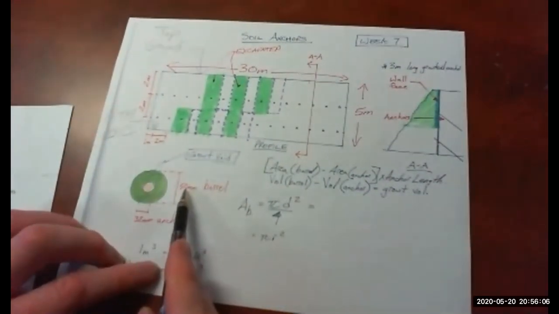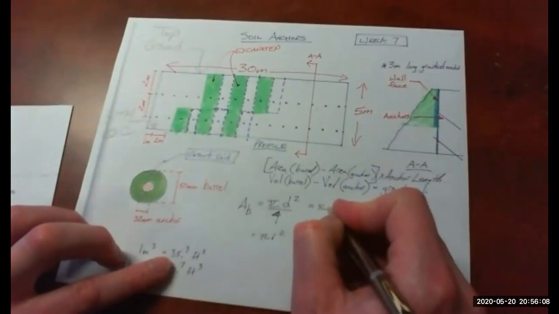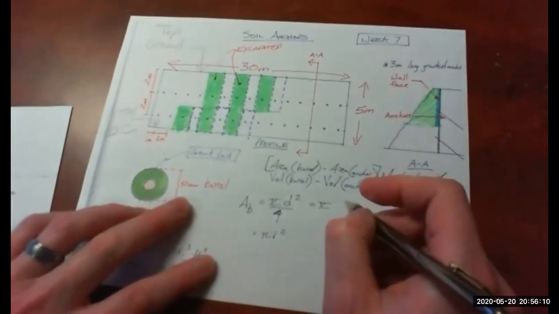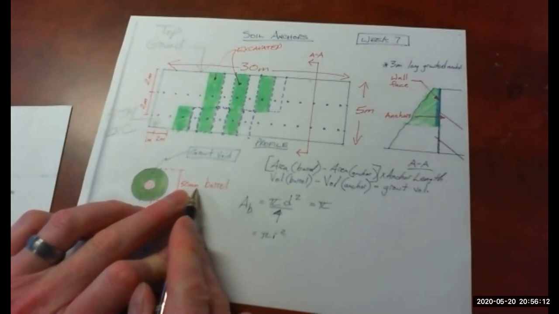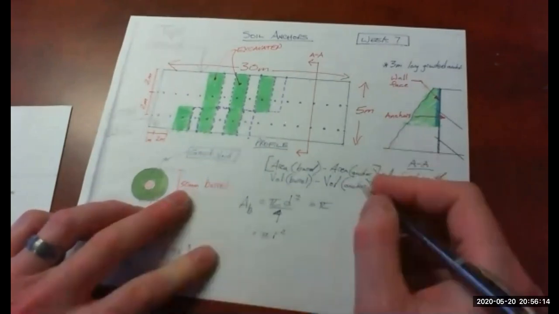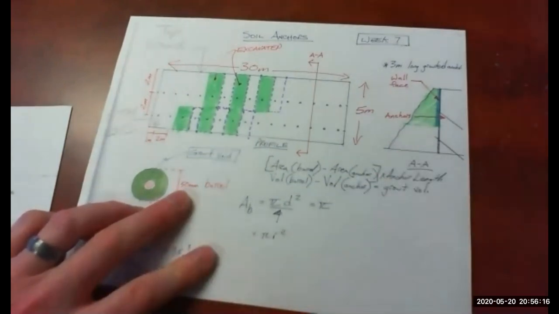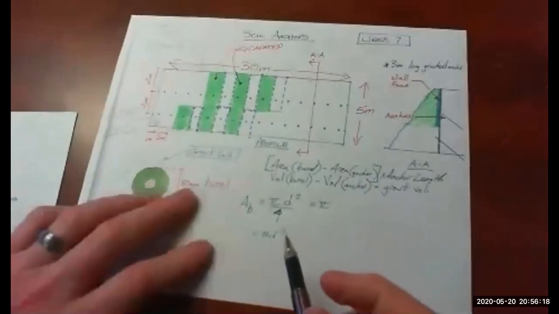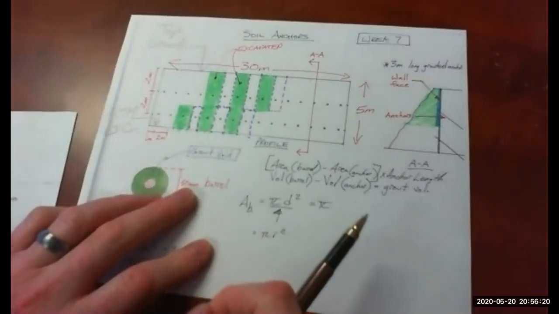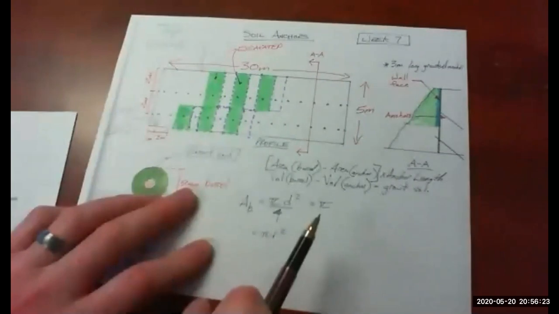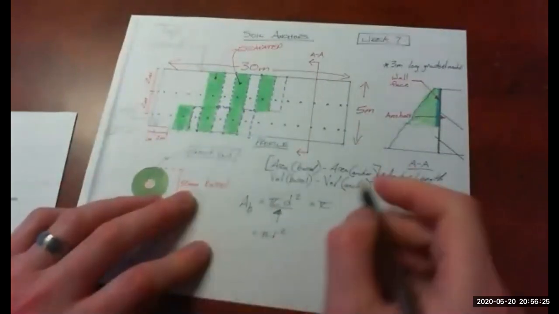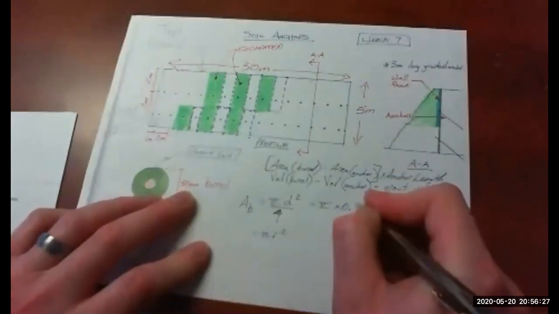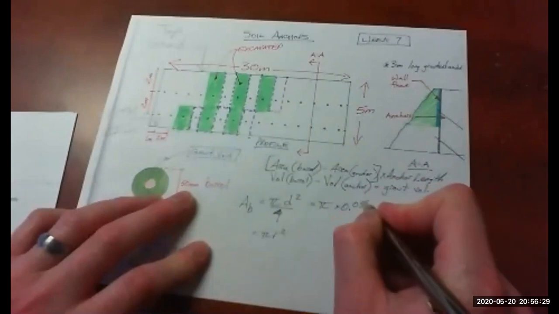So the barrel we're told is 50 millimeters. So start with pi, diameter of the barrel. I will use meters, so 50 millimeters is 0.05 meters.